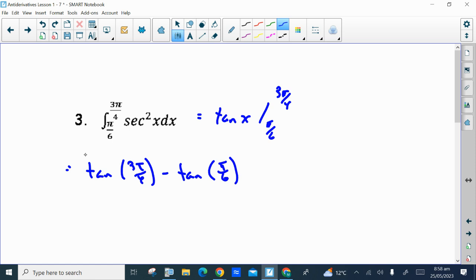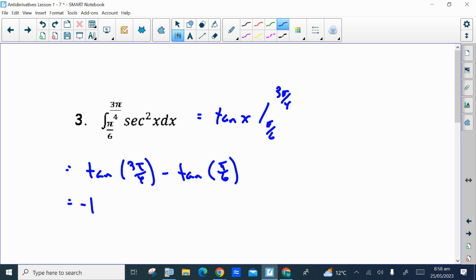If you look on the unit circle at 3 pi on 4, the tangent there is -1. That's in the second quadrant. And whenever you have a multiple of pi on 4, the sine and cos are the same. They're both root 2 over 2, so when you divide them, you'll get 1.